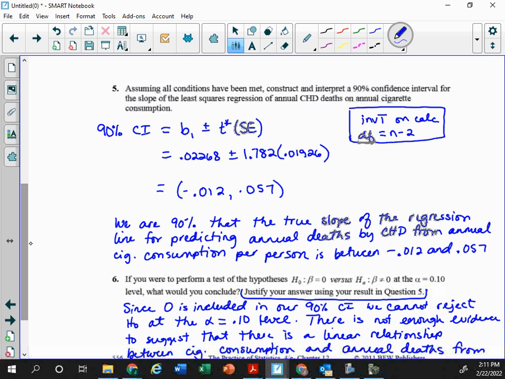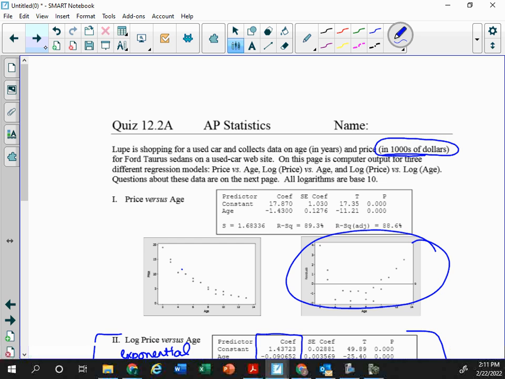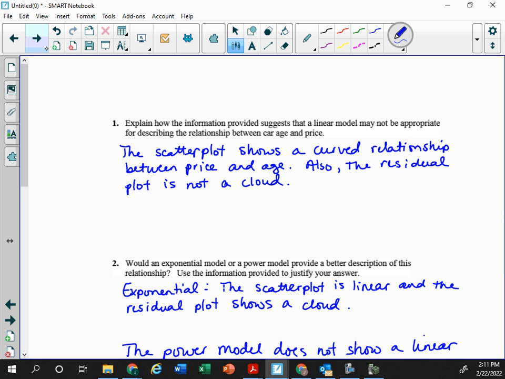No, the second one here with all the computer printouts, it didn't ask us for a confidence interval or a hypothesis test. So you don't have to check conditions. This was just: here's your model, pick the best model, make a prediction with that model. It could have continued and said, using this model, what is a 95% confidence interval of the slope? And then you'd have to go through conditions and all of that stuff.